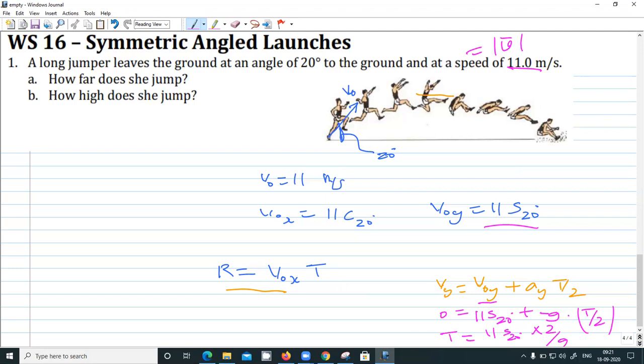No, I don't know the value. After that, you put in this and find R. So R is v naught x, the cosine of 20, right? 11.